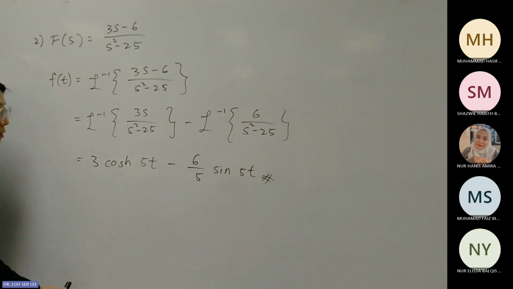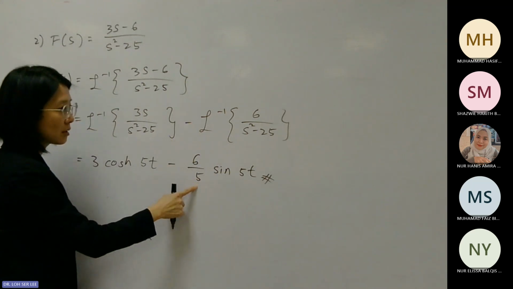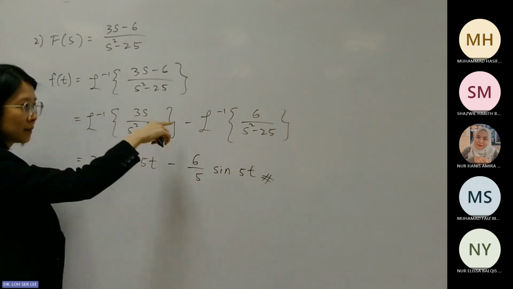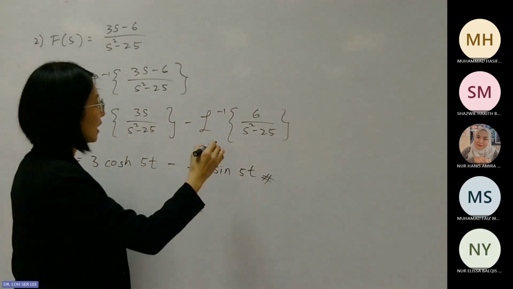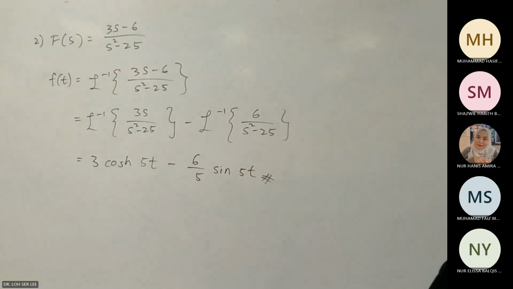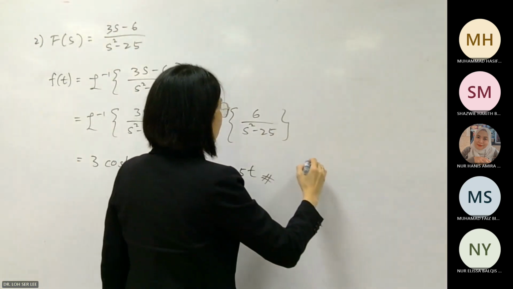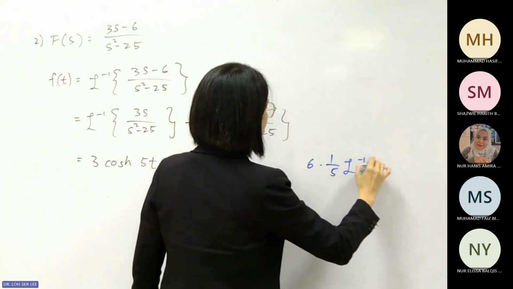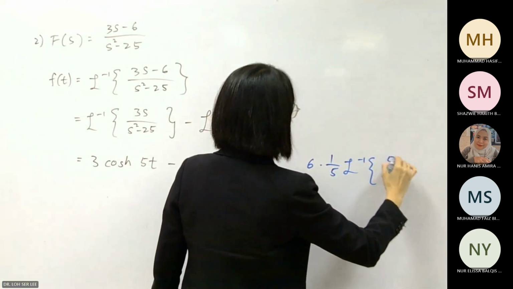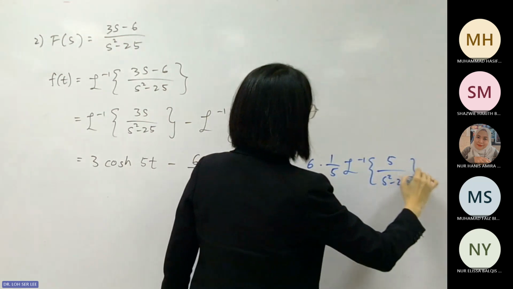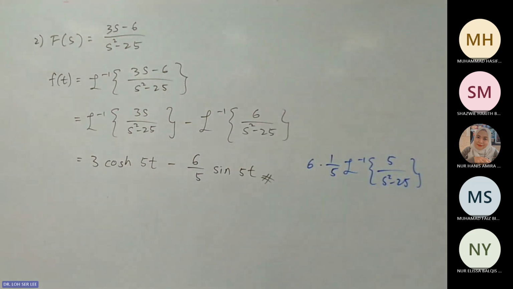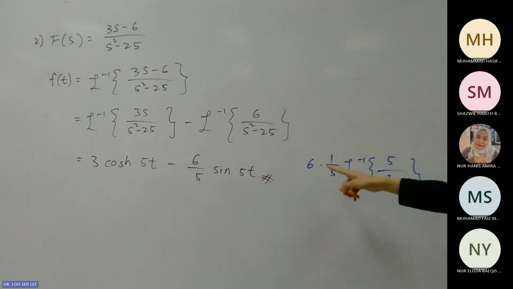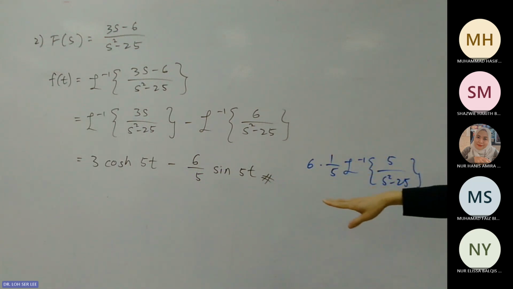But when you write down the answer directly without the steps, 6 and then 1.5, 5/s² minus 25. If you didn't write this up, sometimes it may lead to careless mistakes.